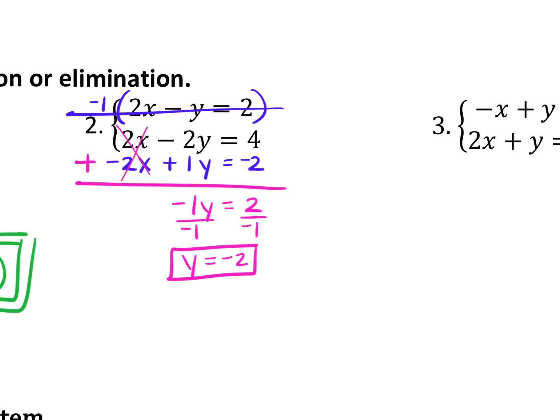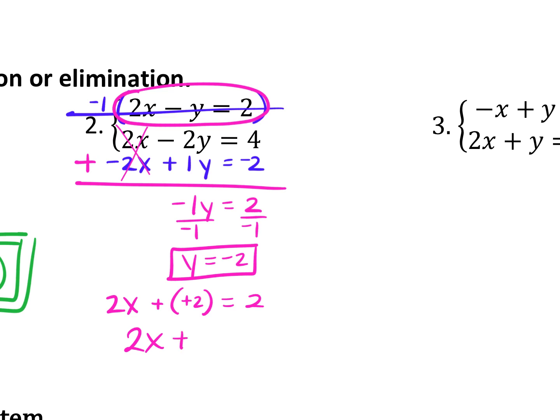And then you can take that and plug it back into whichever one you want. I'd probably do this one. So that's 2x minus your y value. So minus a -2 equals 2. Minus a negative is plus a positive. So I get 2x plus 2 equals 2.